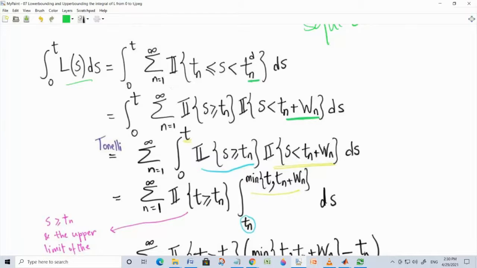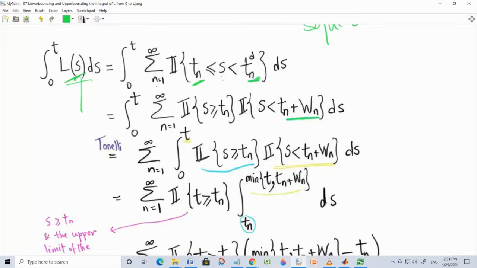So this is L from the previous slide. It's a summation, L of S, the number of customers at time S. So it's a summation over the natural numbers, and customer N will be in the system at time instant S if S is between the instant of arrival of customer N and the instant of departure.